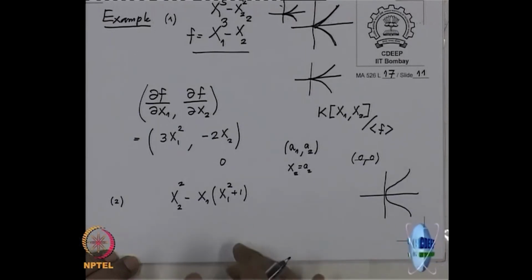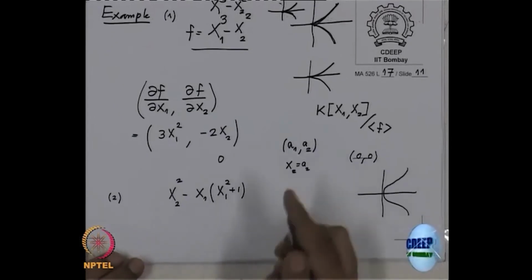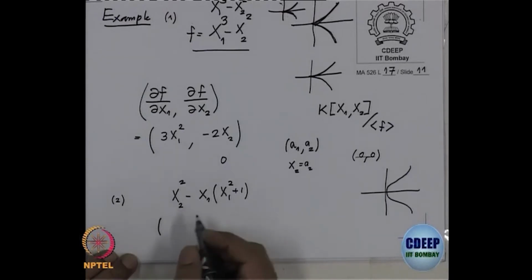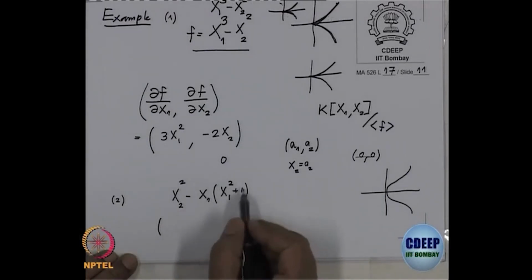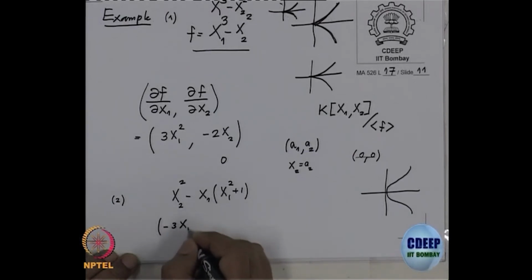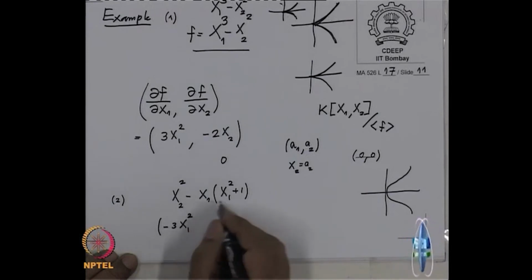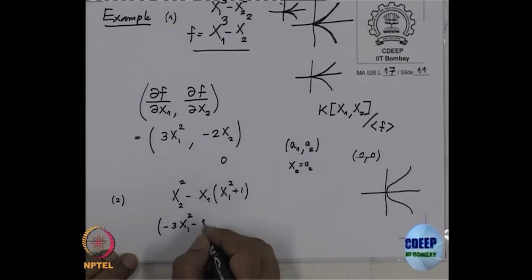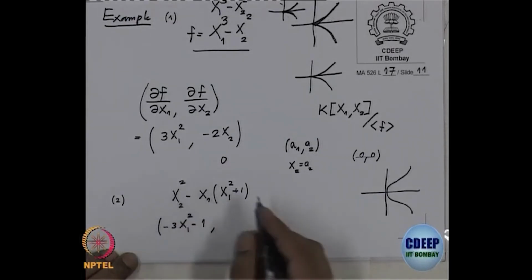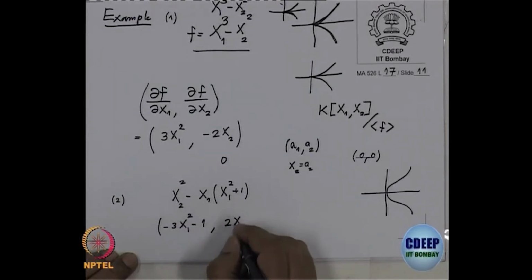So the singular locus should be empty here, right? That you can also see by differentiating. What is the matrix you will land up with? First the differentiation with respect to x1, that is minus 3x1 square plus 1, that is the first entry. The next one is 2x2.